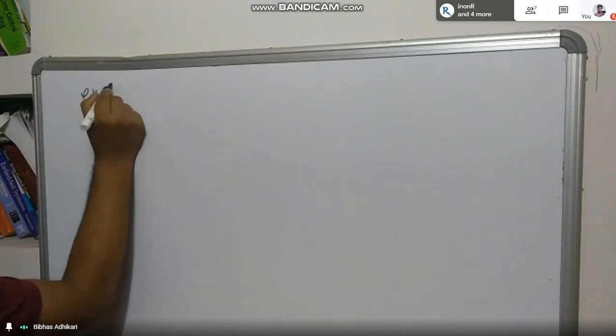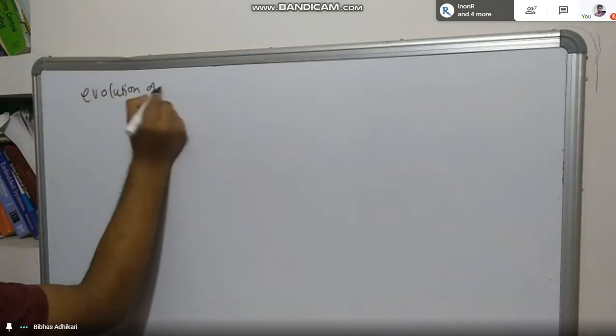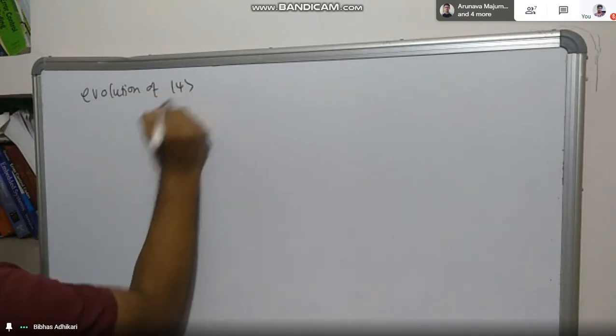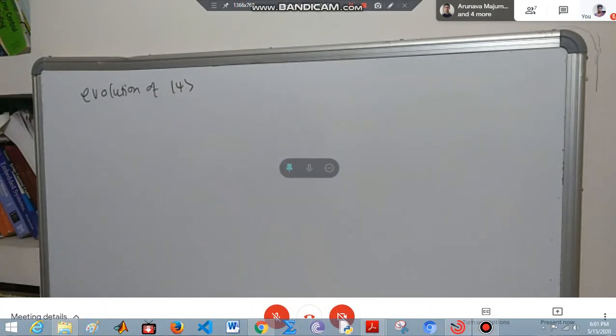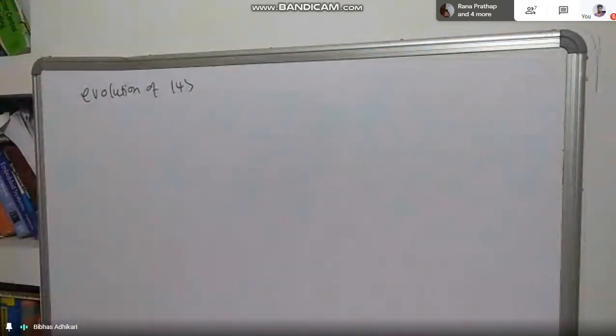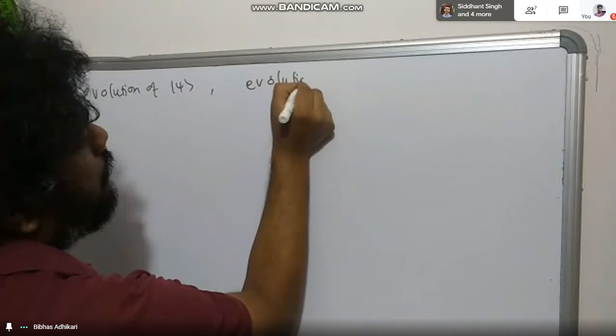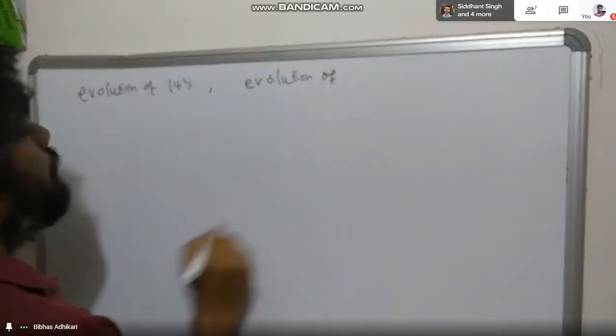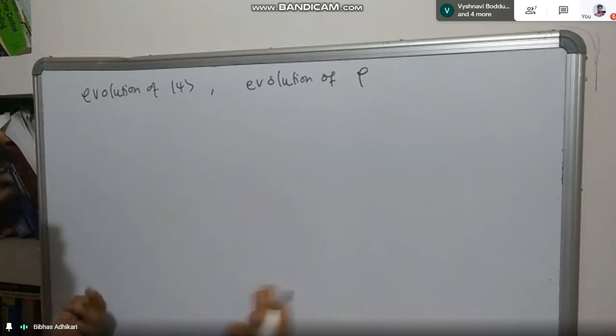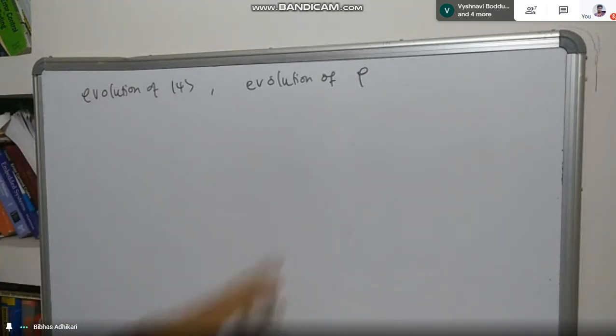So we talked about evolution. Okay, evolution of a state, which is given by the Schrodinger equation. So we talked about evolution of some psi, some pure state, using the Schrodinger equation. Then we also said evolution of rho, which is evolution of a density matrix.